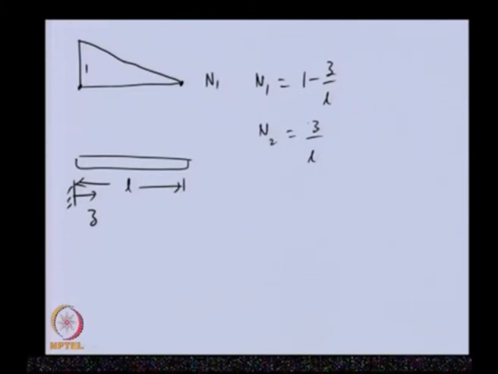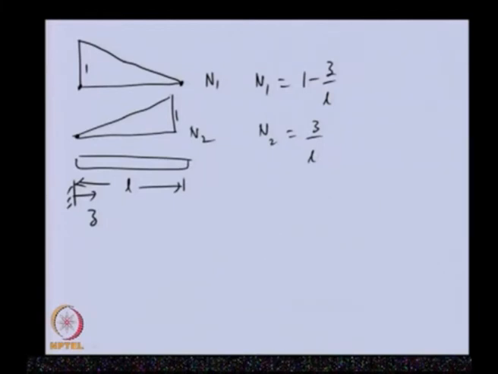N2 at z equal to 0 is 0, and at z equal to L it has the value 1, and in between it varies linearly.